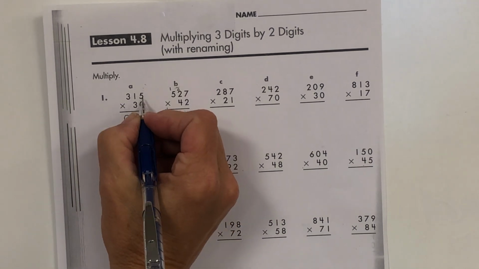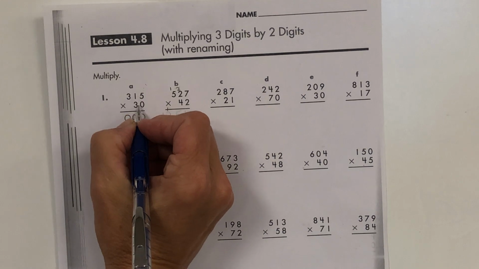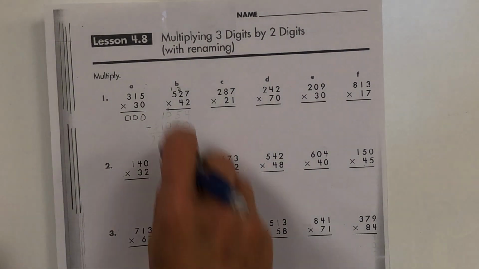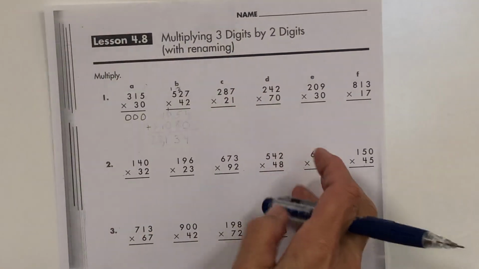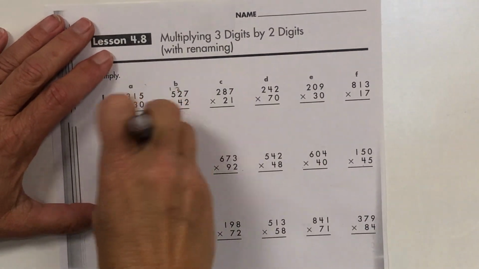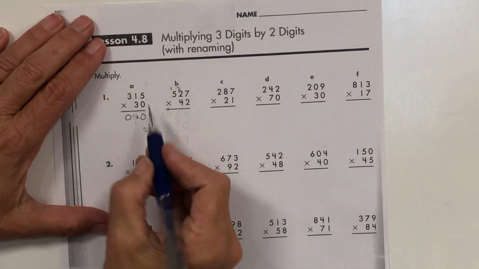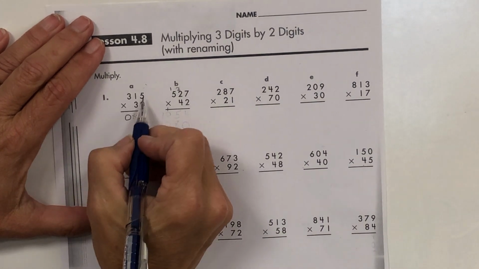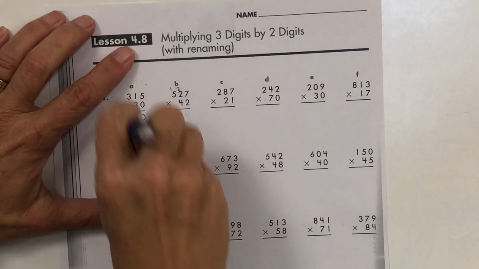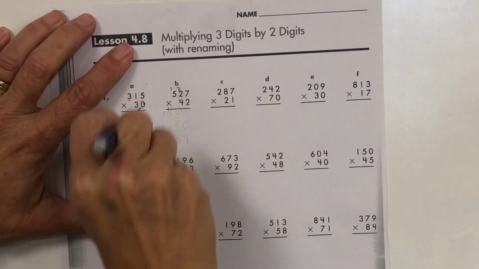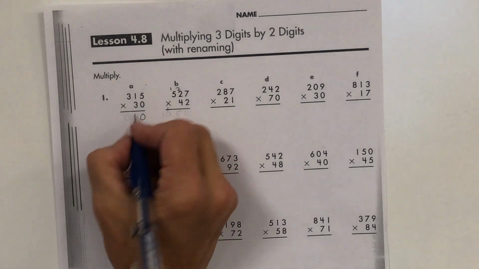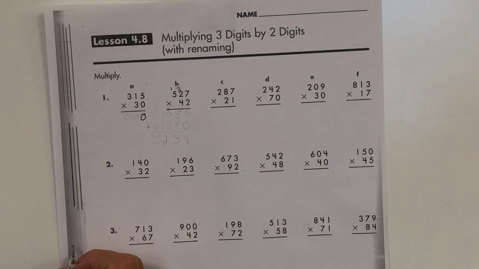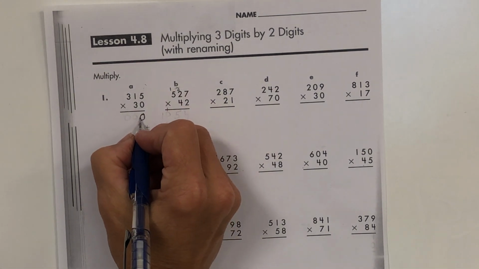In other words, 0 times 5, 0 times 1, and 0 times 3. Well, there's not any sense in having to do that. So when you have a 0 in the bottom number, your bottom number is ending with a 0, all you really have to do is put that 0 and then start with your tens.